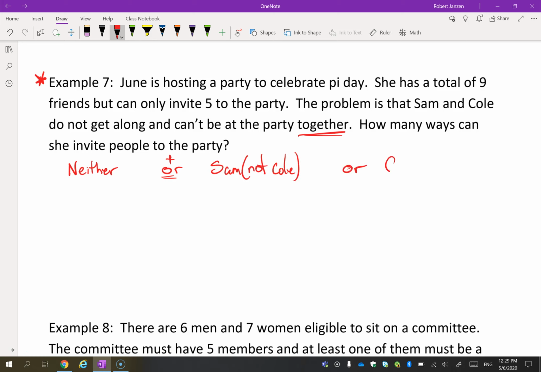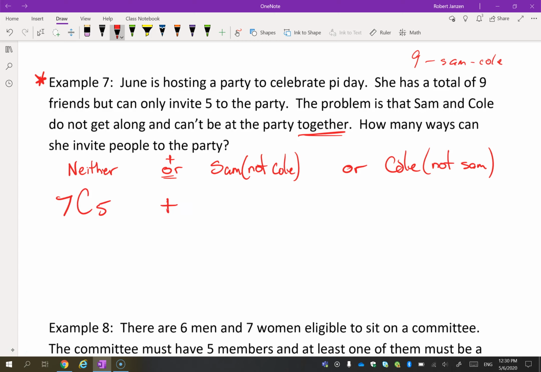Or we could invite Cole and not Sam. So if we invited neither, how would you do that? Well, she has 9 friends. If we take away Sam, take away Cole, how many friends does she have? 7 friends, and she is going to invite 5 of them.